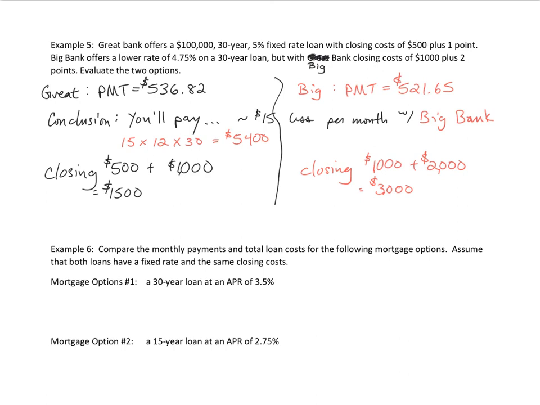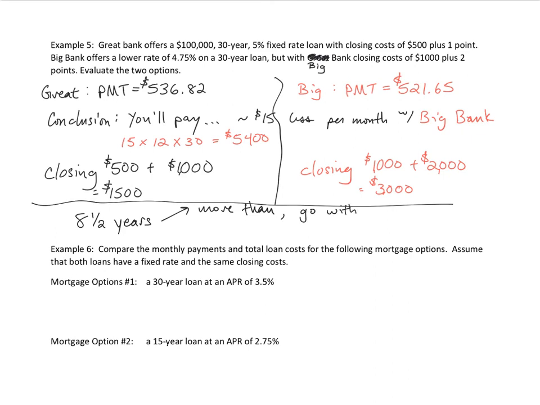It turns out that you can figure out a break-even point, that being 8.5 years. That is the break-even time. So if you want to be in the house more than 8.5 years, you want to go with Big Bank.